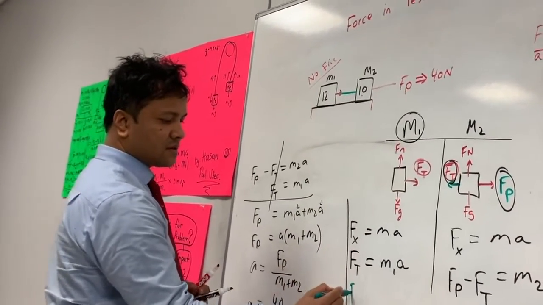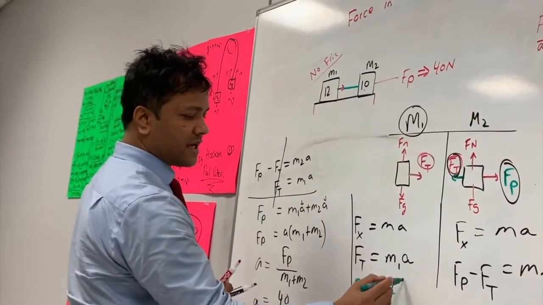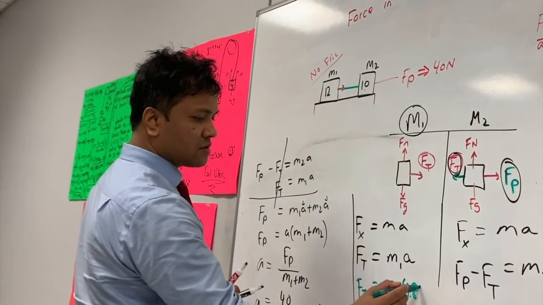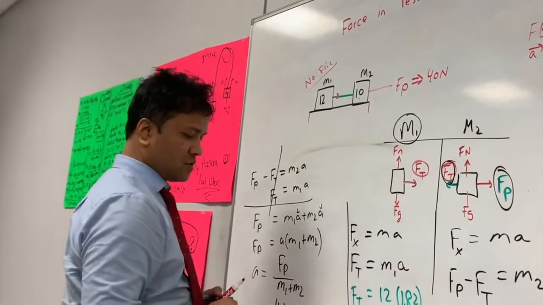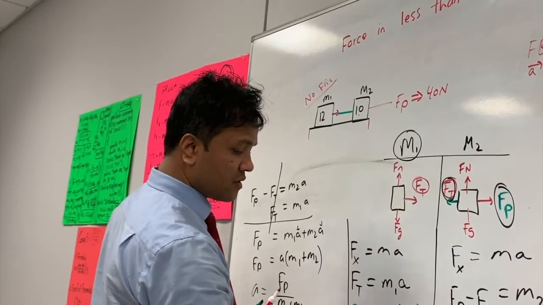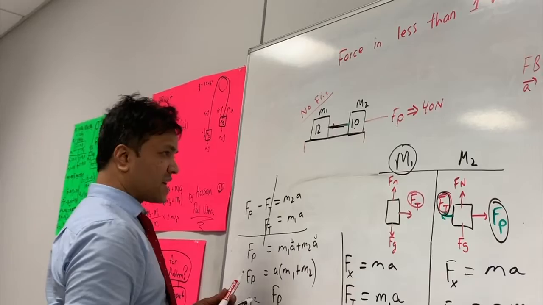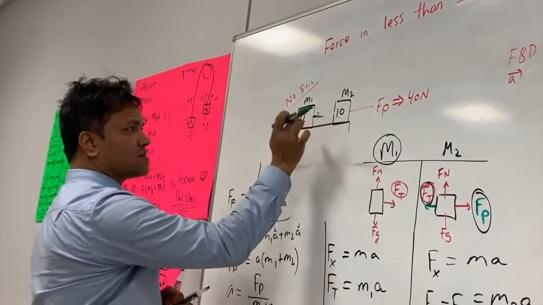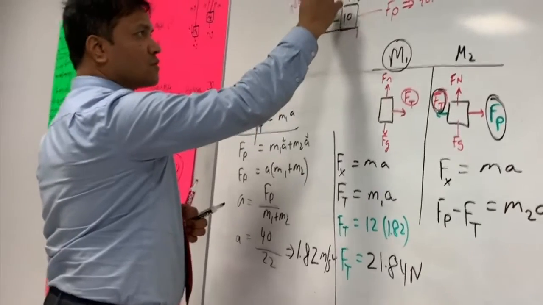Tension Ft is equal to m1, which is 12, times a, which is 1.82. Let me know how much it is. 21.84? Yeah, 21.84 Newton. So the tension right here, let's use green, is 21.84.